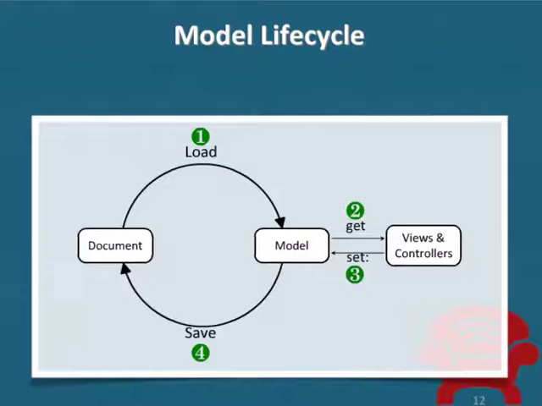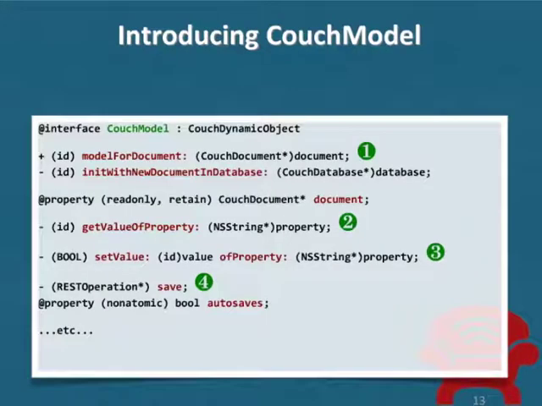Okay, so we have this CouchModel class in the CouchCocoa framework, which I found some people actually aren't aware of yet because it was a later addition to the framework after the initial releases of it, but it's been around for a while. It basically does all these things, and I've tagged them with the same numbers there. So you can get the model object for a document, and every time you call that on the same document, you'll get the same model object back, so it's one-to-one.